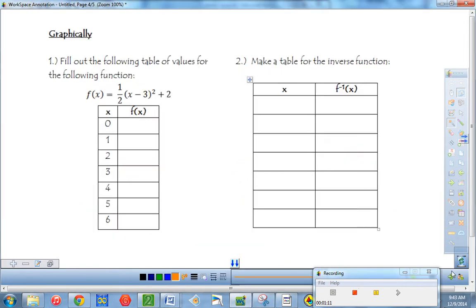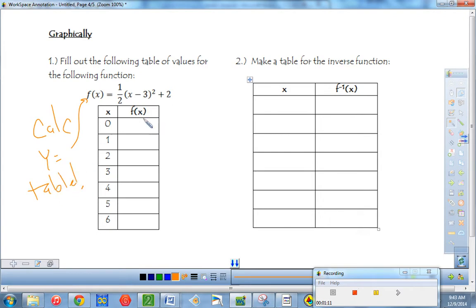Okay? Alright, so let's check these guys out. If you are given something like this, you are welcome to substitute these numbers in for x and get your y's. You're also welcome to put it into your calculator in your y equals, and then look at your table.